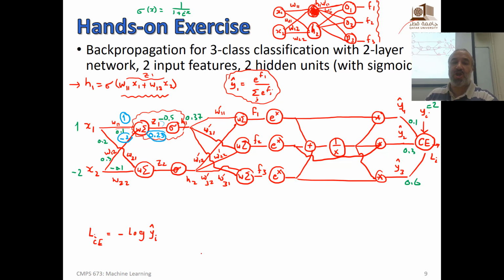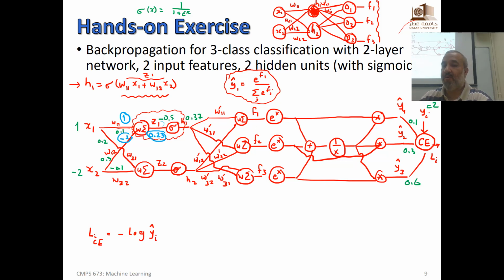First, for the function log, what is the local derivative? What is the derivative of log x? Ln x, the natural logarithm. We assume here that the base is the natural logarithm. 1 over x, very good. Because we have minus here, it will be minus 1 over the input.